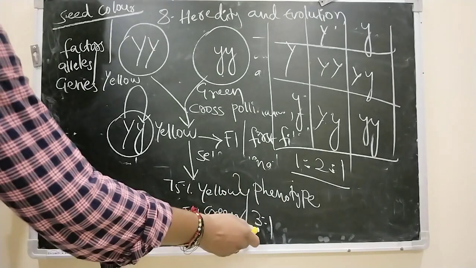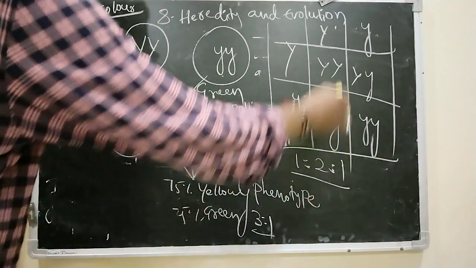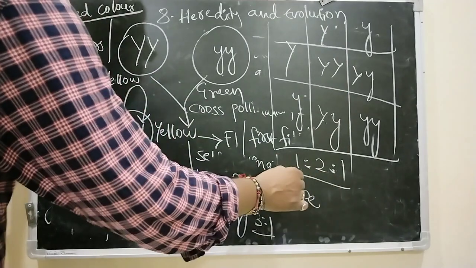So the phenotypic ratio of a monohybrid cross is 3:1. The genotypic ratio of a monohybrid cross is 1:2:1.